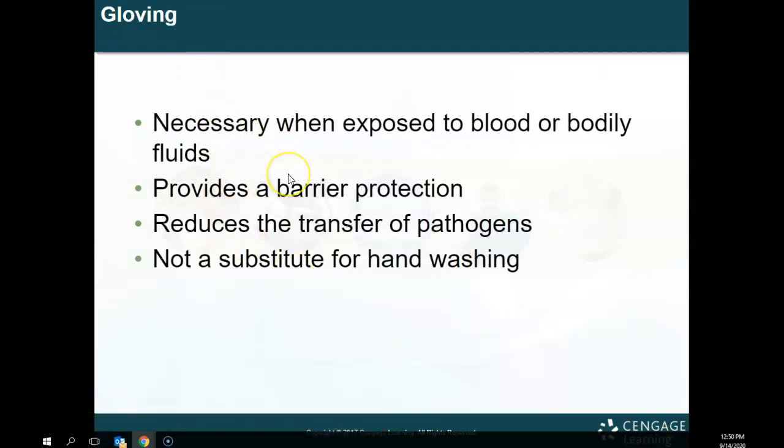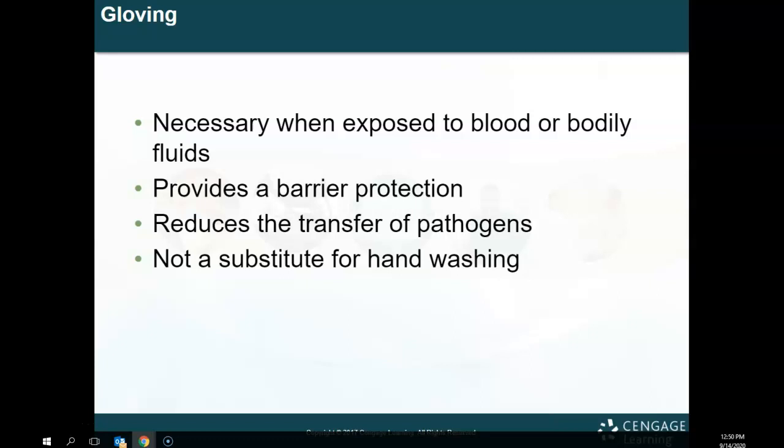Gloving, necessary when exposed to blood or bodily fluids. You always need to wear gloves. I don't care what you're doing at this point with the way things are with the pandemic and infection control now. Unless you're doing something where you're not dealing with a patient at all or you're not touching anything bodily fluid related, just wear your gloves.